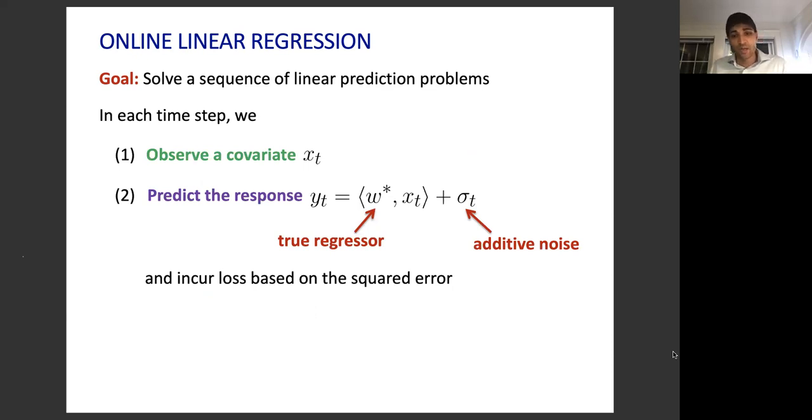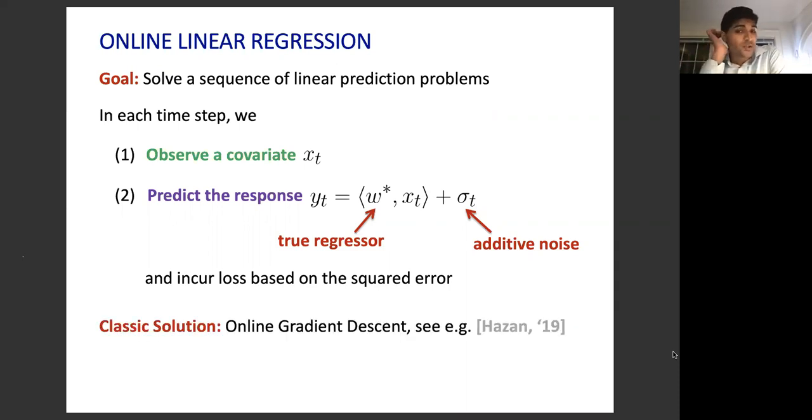Now, the true response that you observe looks like the inner product between W star and xt. So W star is the true regressor. And then you add some additive noise that's Gaussian or sub-Gaussian. Your goal is to predict this response yt. And the loss that you incur depends on the squared error between your prediction and the true response that you observe.